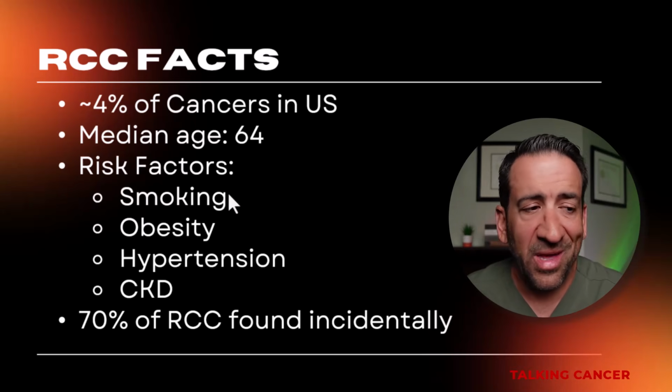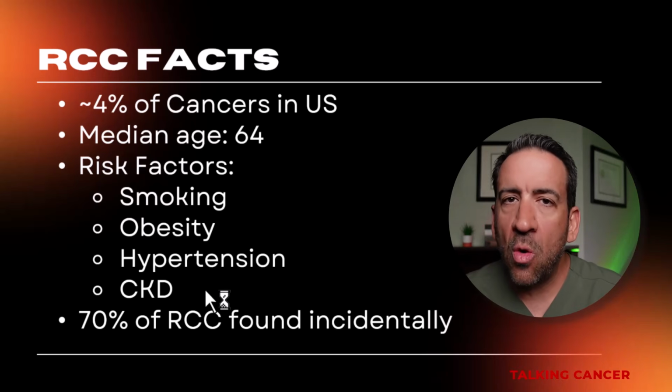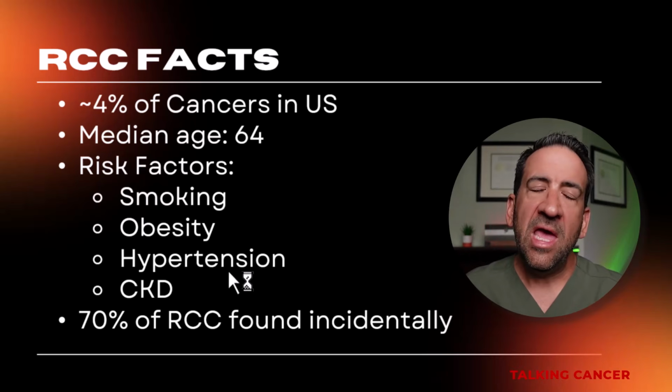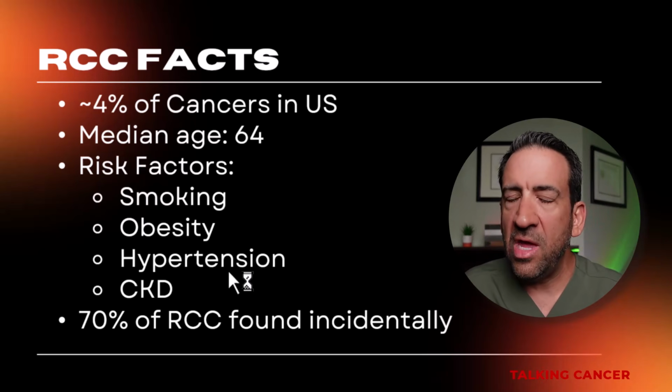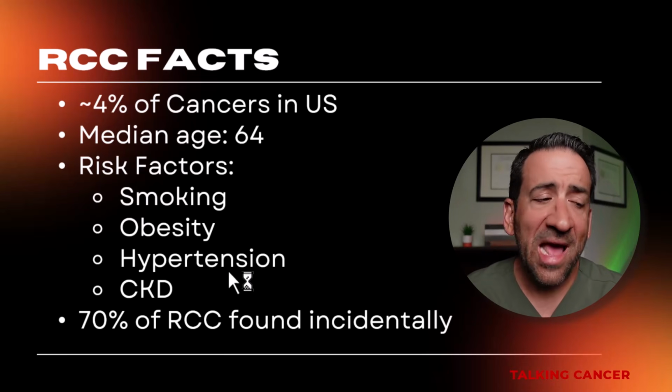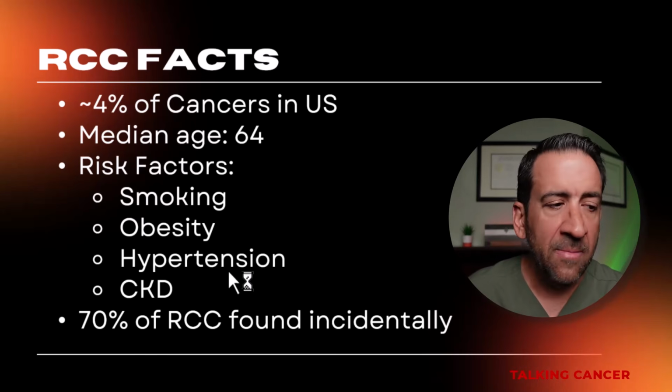I would say that's one of the biggest ones, obesity, hypertension, and chronic kidney disease. So example, if you have pre-existing kidney disease, this can also increase your chances of developing kidney cancer. And the last one would be a strong family history or genetics, okay?